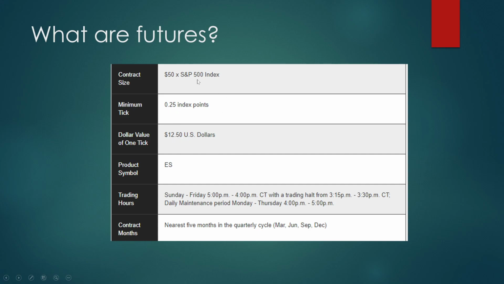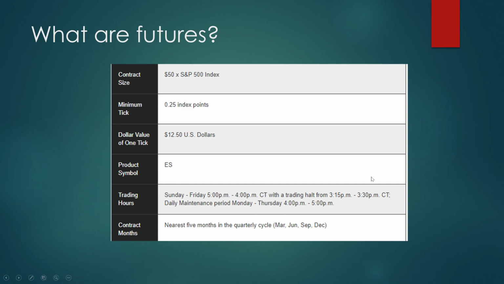So if the E-mini S&P 500 moves $1, that's 4 ticks, 4 of these fluctuation points, 4 quarters. If you want $1, you're going to have 4 quarters as a U.S. currency equivalency. So that would be a $50 unrealized profit or loss.